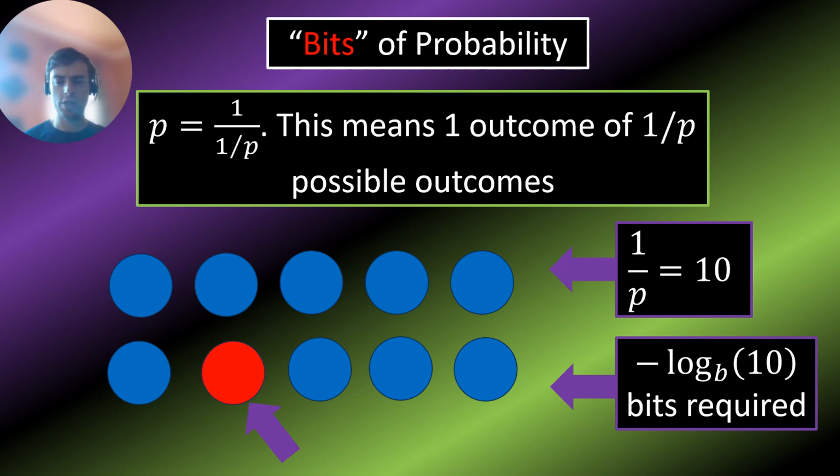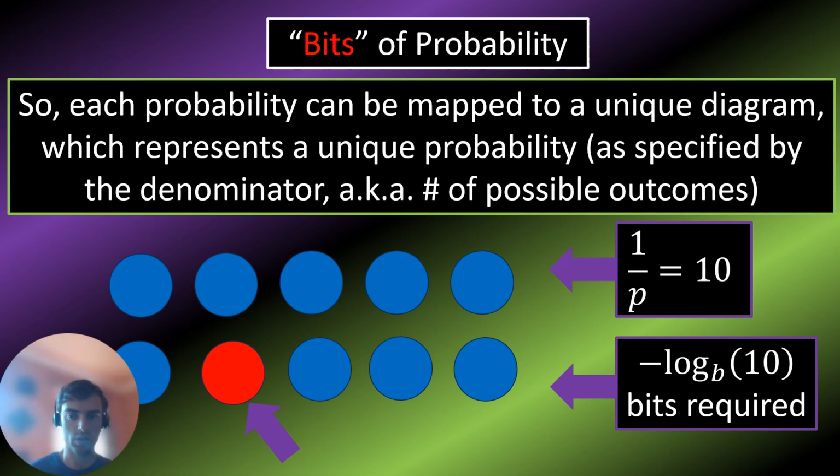It took me a while to think about this, but I came up with this idea of representing it like this, and it makes sense because that's how much information you need to represent that picture. And the picture represents a probability, and a unique probability too. Each probability can be mapped to a unique diagram, so there's a one-to-one mapping between probability and diagram.